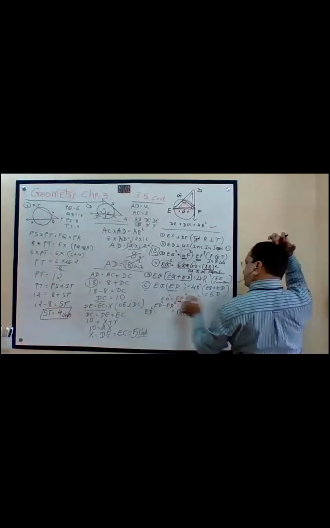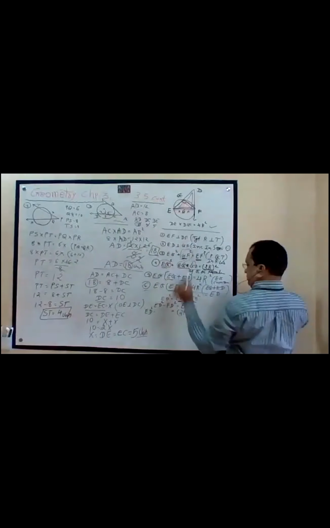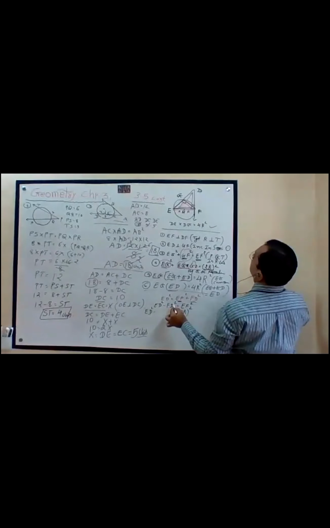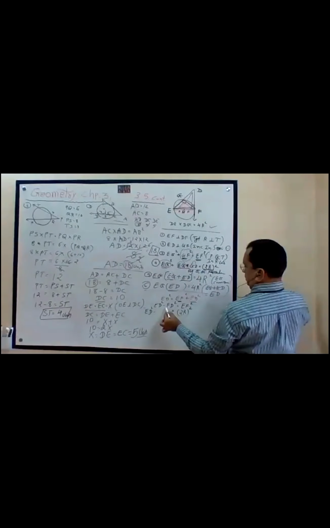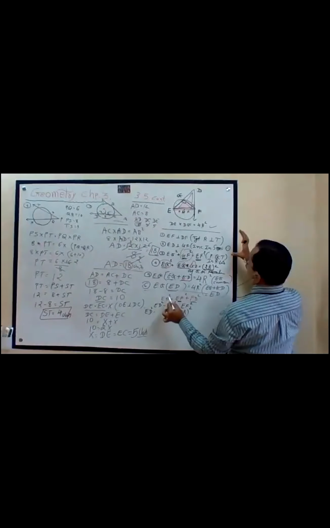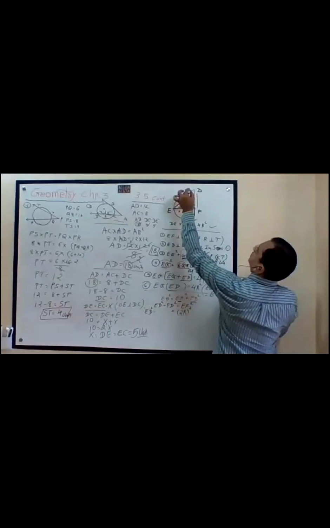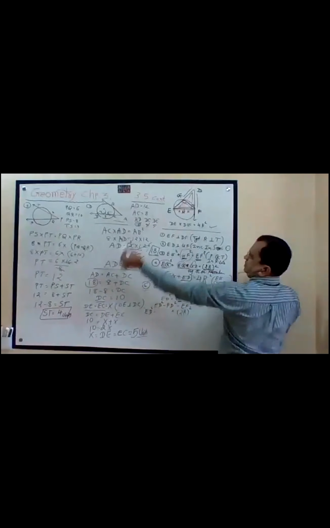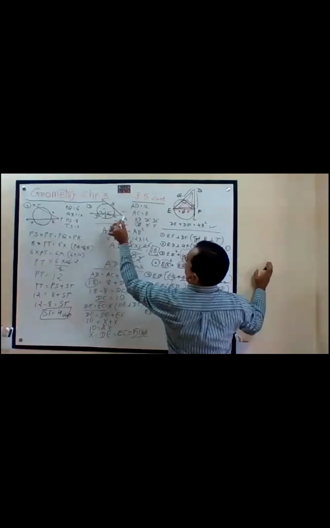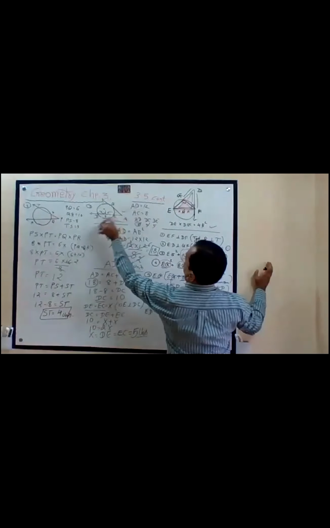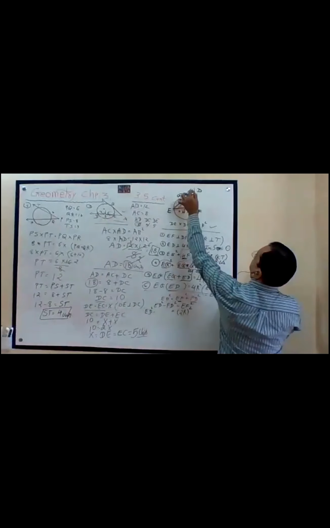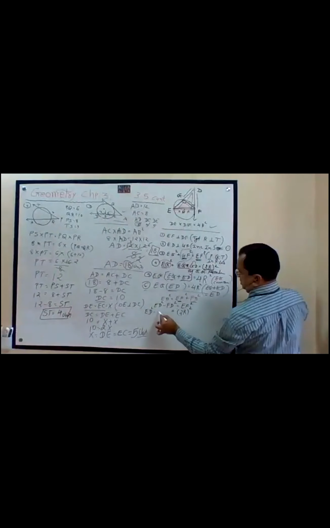Now FD square. In this we have done, no? AB square is equal to AC into AD. So DF square is equal to DG into DE.